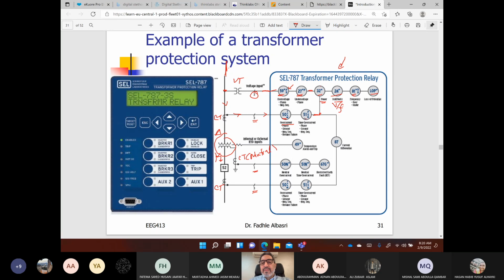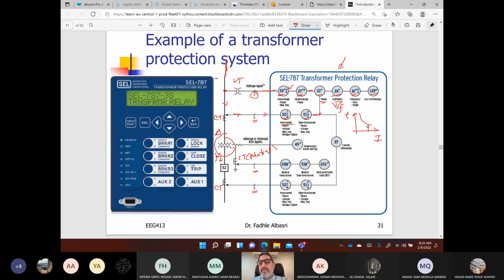We have the 51, which is time delayed overcurrent protection, where the relay does not decide instantly; the operating time of the relay is inversely proportional to the current. So it is like this: the trip time versus the current.